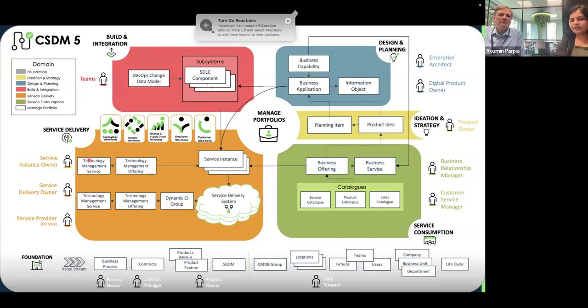So then the last bit here, the orange one, where you have the application service, which is now service instance owner, the service delivery owner, and service provider. And this is the main crux of the whole infrastructure. This is where we get into kind of the ITOM and the folks that provide the stuff that you don't see. It covers the networking services, the storage services, the compute.